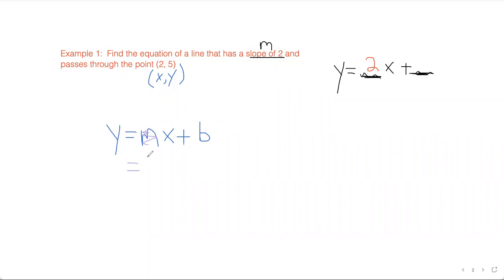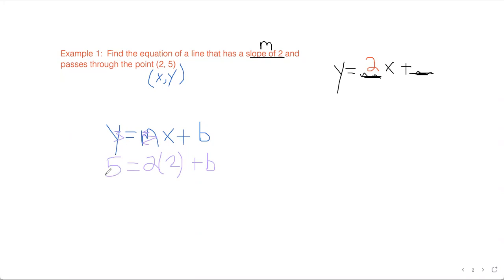I know up here that my x is also 2, so I'm going to write m, which is 2, times x, which is also 2. So I'm just plugging my values in. Again, m is 2, x is 2, so it's 2 times 2 plus b. And then I know my y is 5, so instead of a y, I'm going to take that y out and plug in 5 in its spot.